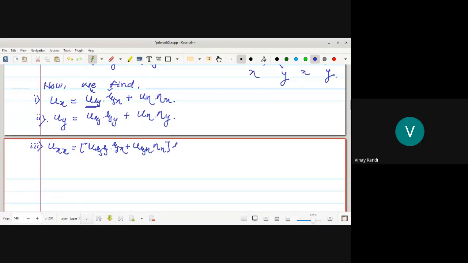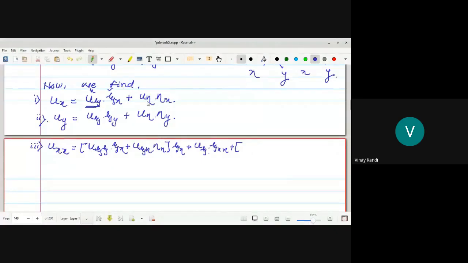Derivative of the first, with the second as it is, gives xi x. Plus now first as it is, u xi into the derivative of this one, xi xx. Plus now again use the product rule here.